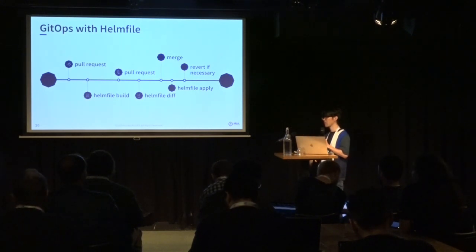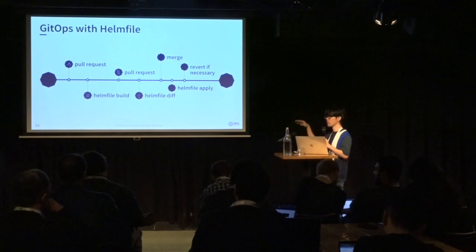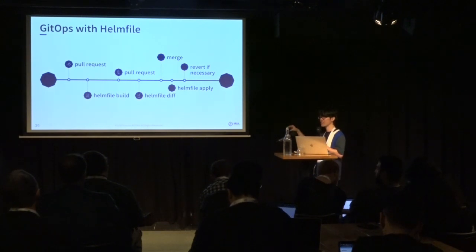Maybe you'll include the individual chart and the Helmfile Go template in the application or template repository, and you generate the final static YAML files in the config repository, and that is sent in the second pull request.